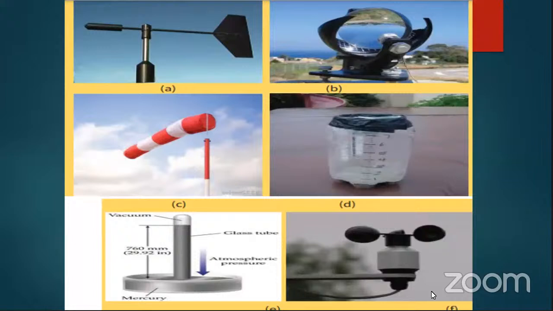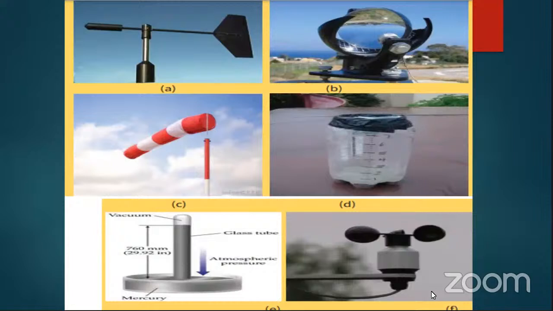I've told you a weather station is a place where elements of weather are measured and recorded. So I want you to observe critically. You observe, we have picture A, we have picture B, we have picture C, we have D, E, and F. I want you to identify the pictures and tell me the names of those pictures.